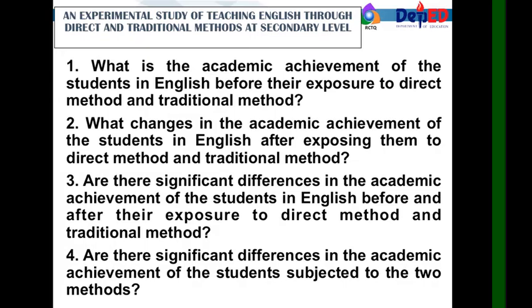So, maaring kukunin ko ang post-test ng Group A at post-test ng Group B. At i-compare ko ang kanilang performance using some statistical treatment. Sabihin na natin using t-test para ma-determine kung meron bang significant difference yung kanilang academic achievement ng dalawang grupo ng mga mag-aaral using direct and traditional methods.